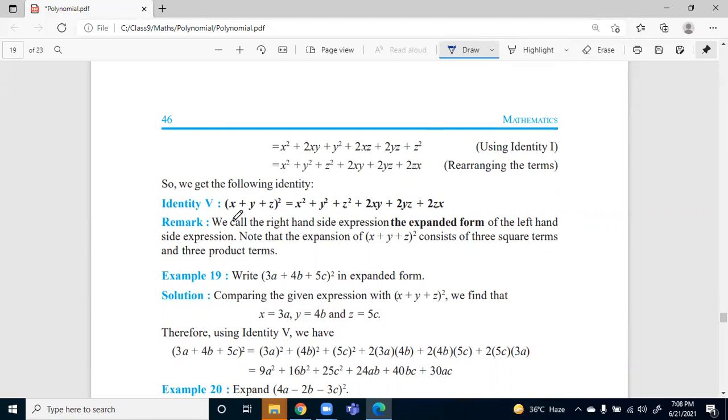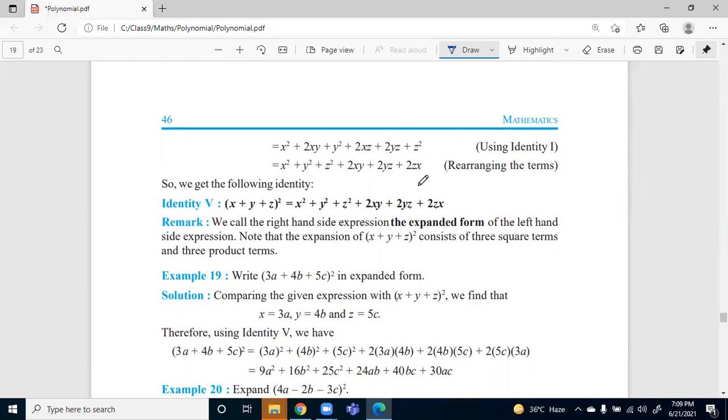But here there are 3 terms, x plus y plus z whole square. So you have to remember this identity. What is its formula? x square plus y square plus z square plus 2xy plus 2yz plus 2zx.